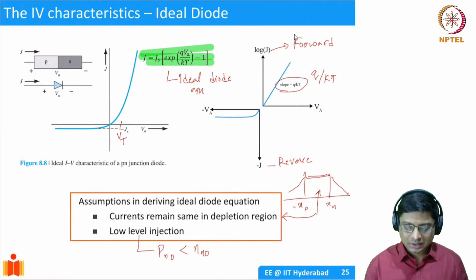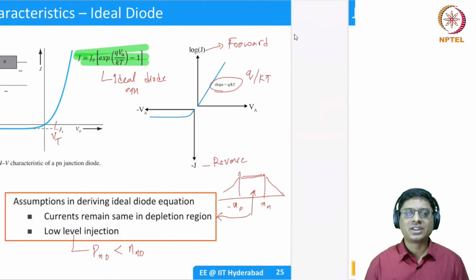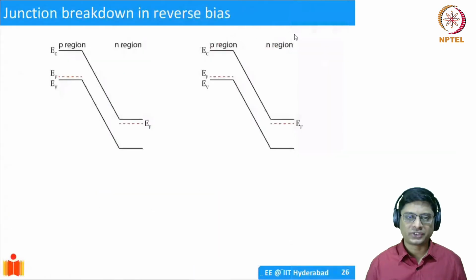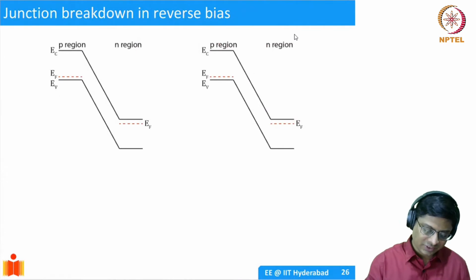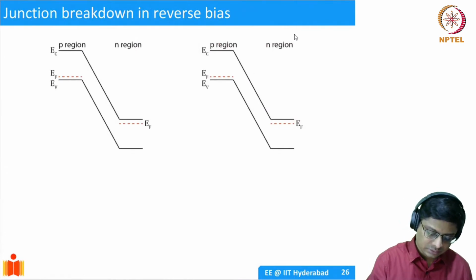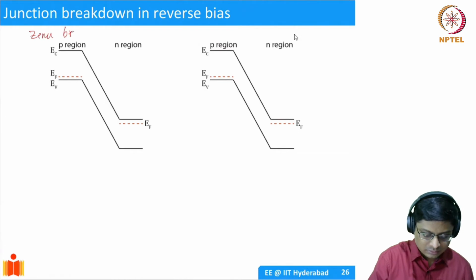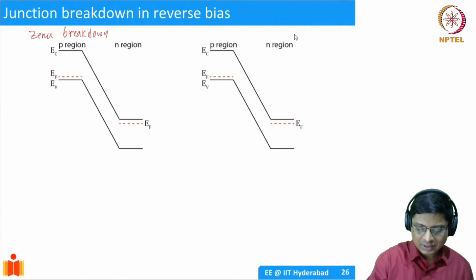We will see. To understand junction breakdown, we have two important processes. The first is what we know as Zener breakdown, and the second one is called avalanche breakdown.